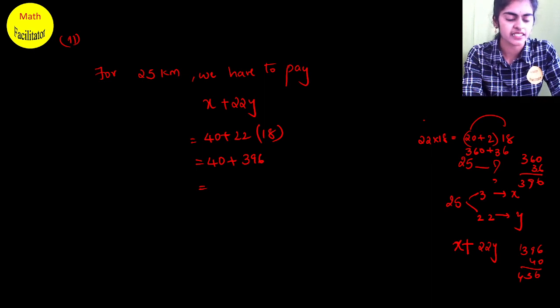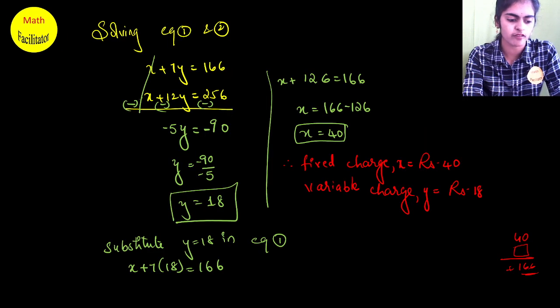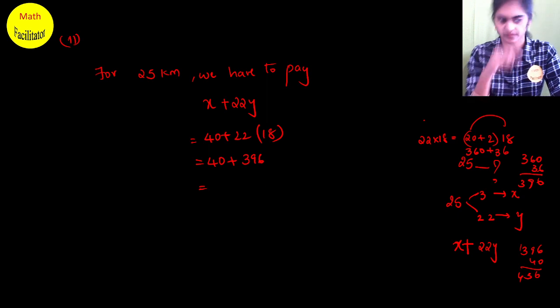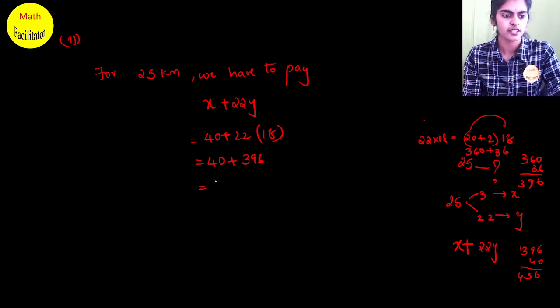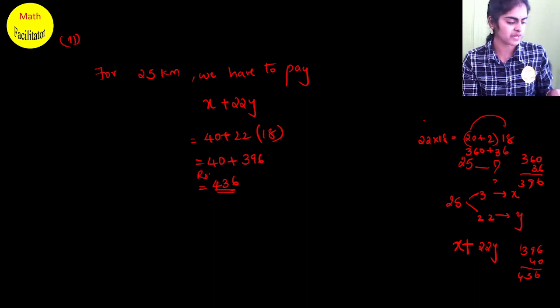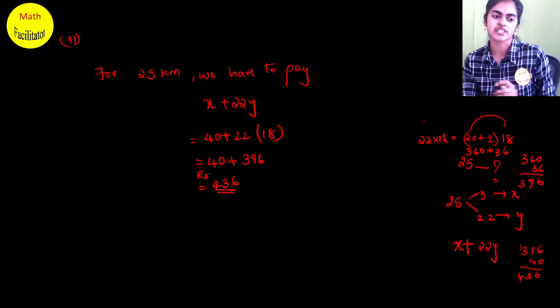Let me check the calculation. So, X is 40 and Y is this. So, for 25 kilometer, this is what we get. So, 436 rupees is what you pay for the charges.